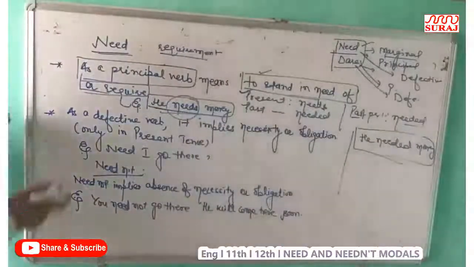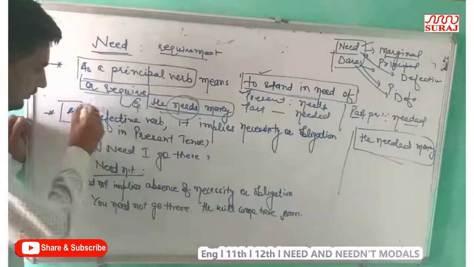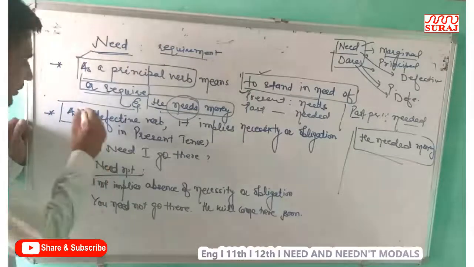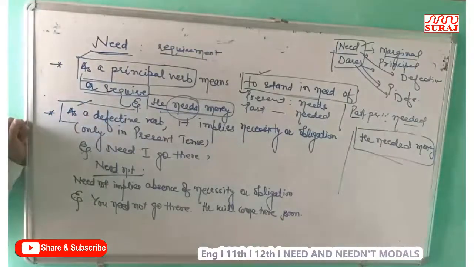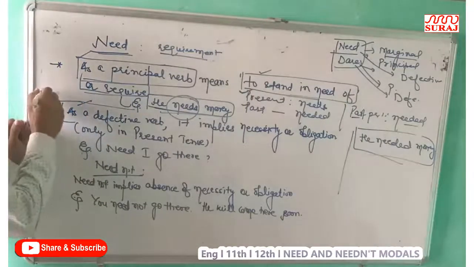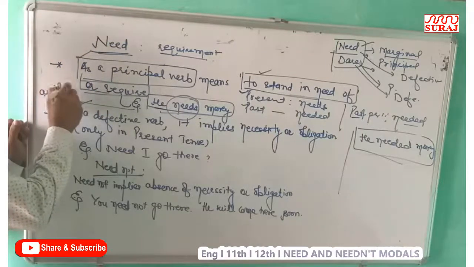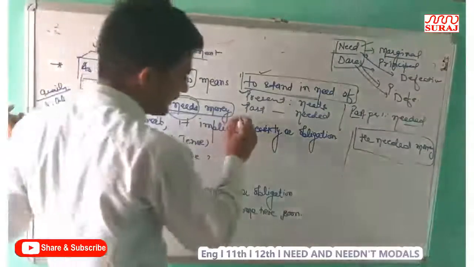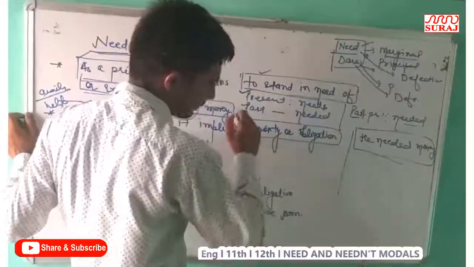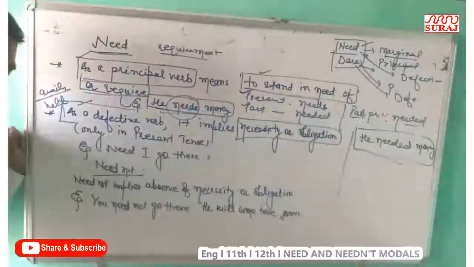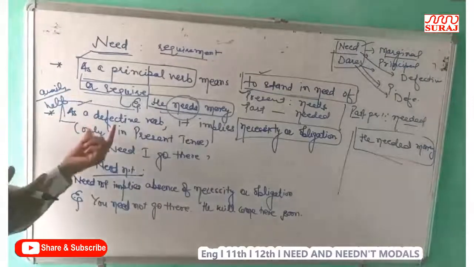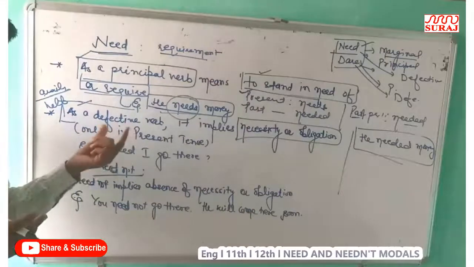First one is as a principal verb. Second one is as a defective verb. Defective verb means an auxiliary, a helping verb. It implies necessity and obligation. This sense is used as a defective verb.